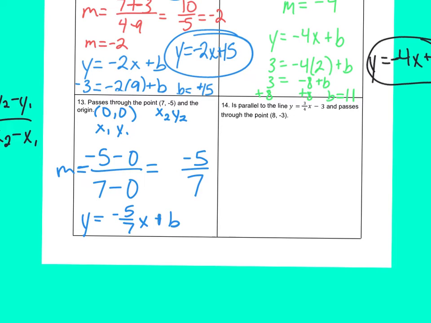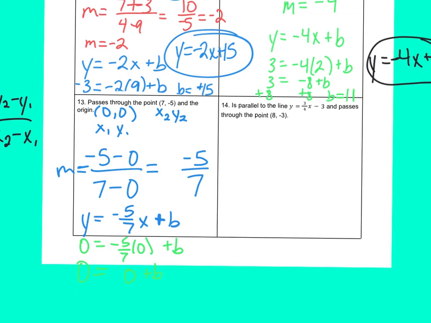I don't know what b is. Which point do we think would be the easiest to plug in? 0, 0, or 7, -5? I think 0 would be easier, because watch what's going to happen. What's -5/7 times 0? 0.